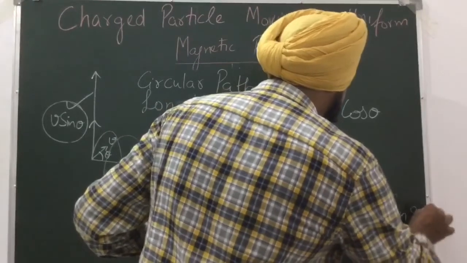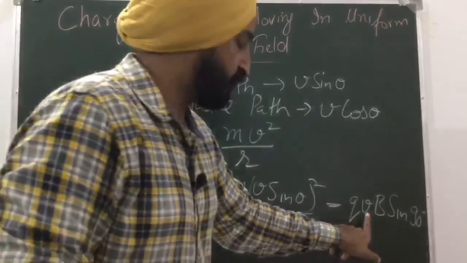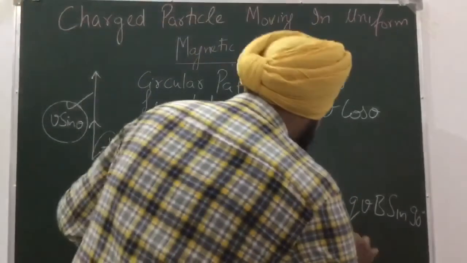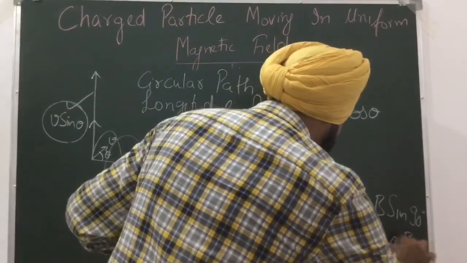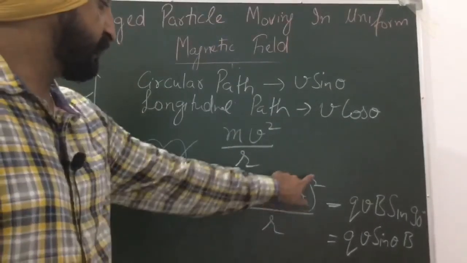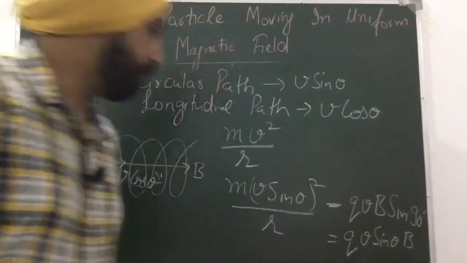Sin theta is of course 90 degree for this component. Again, in place of this velocity, we should write v sin theta. Fine. So it will be equal to q v sin theta into B. So m (v sin theta) square divided by R is equal to q v sin theta into B.